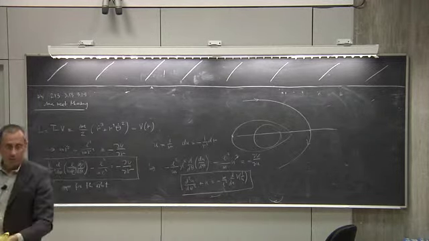I can also pursue the other idea, that I want to look for the trajectories. How am I going to go about that? Well, there it's more effective to use the other trick.